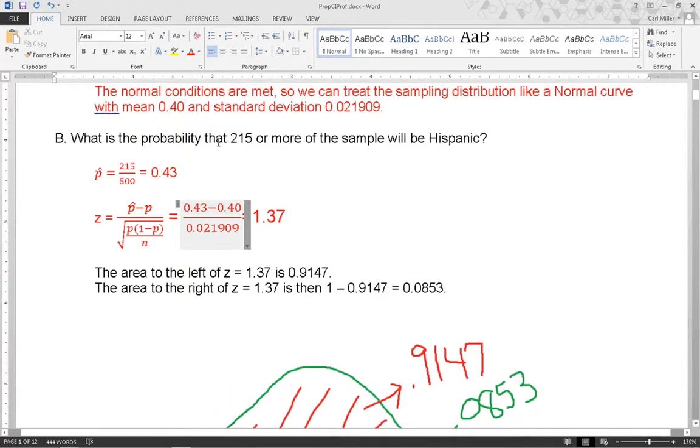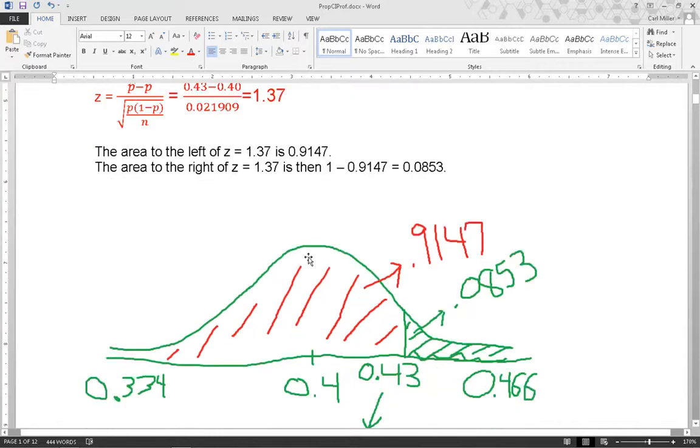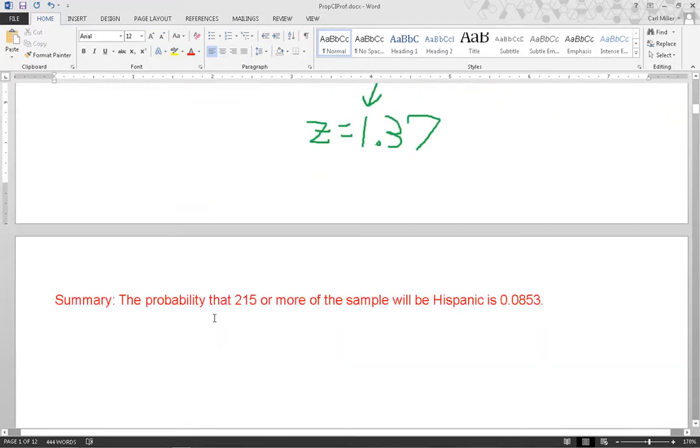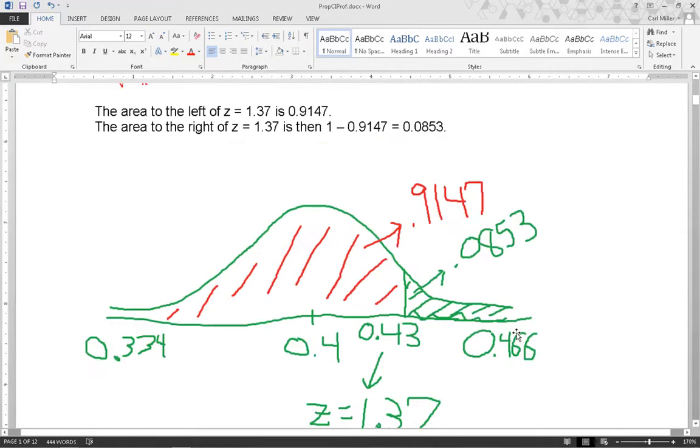Okay, so the probability of getting more than 0.43 would be not the area to the left, which when you look up the z-score of 1.37 is 0.9147, but rather the area to the right. So 1 minus that area is 0.0853. So we would summarize by saying the probability that 215 or more of the sample will be Hispanic is 0.0853, and that's this area in the right tail of the curve.